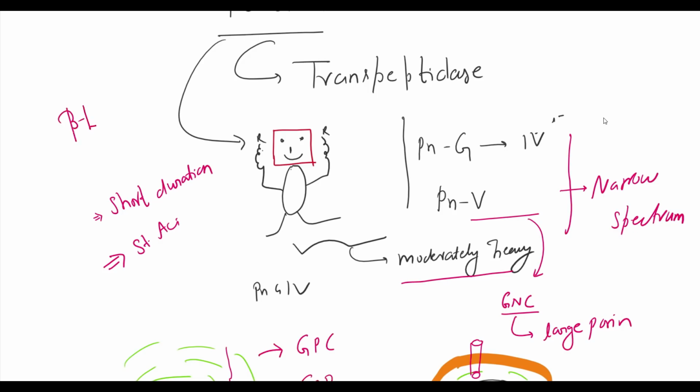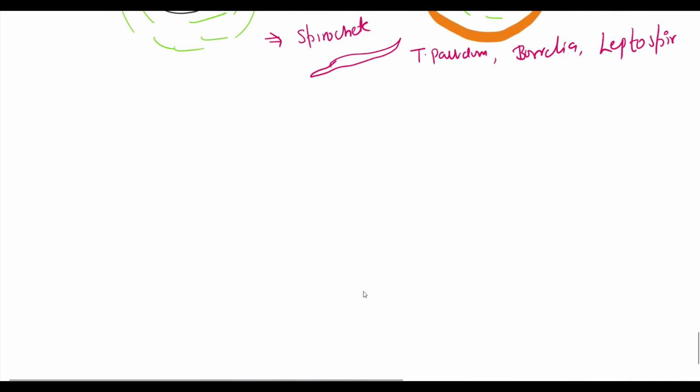Beta-lactamase is a chemical which is produced by bacteria. This enzyme destroys the beta-lactam ring of beta-lactam antibiotics. So these antibiotics do not work against organisms which produce beta-lactamase enzyme. To overcome this limitation, various penicillins have been synthesized.